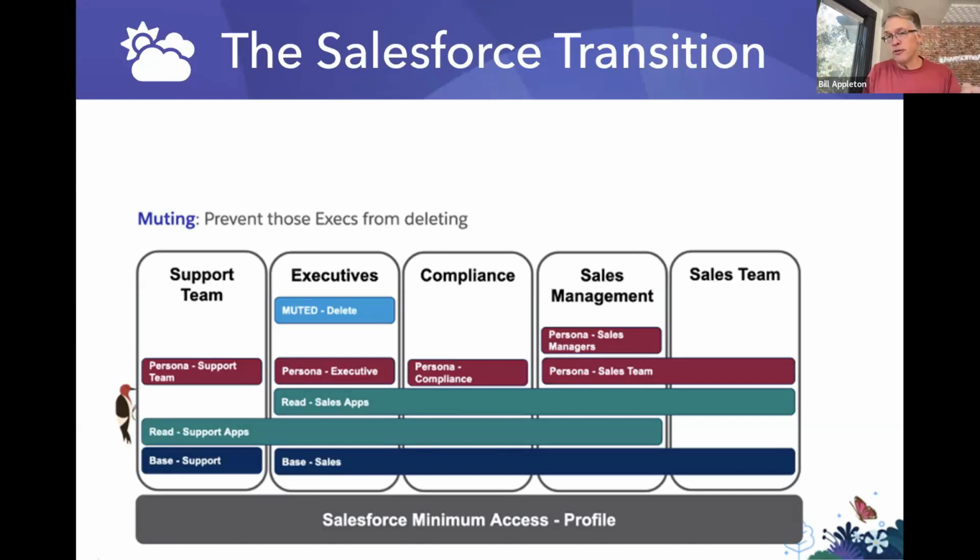Unless every person in your company has the same login hours, the same IP ranges, the same record type and application defaults, the same page layout assignments, then that's not going to work. So it would certainly work fine, though, to have a different minimum access profile at the base of each one of these permission set groups. So then you'd have 5 of those at the bottom instead of one big one.